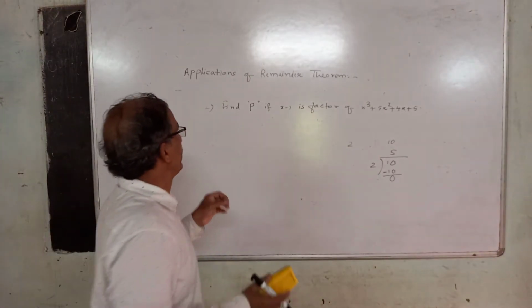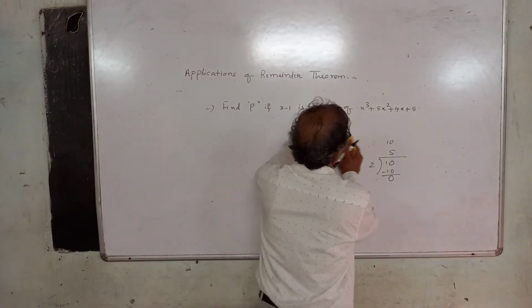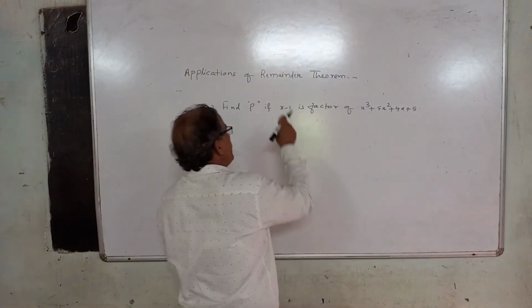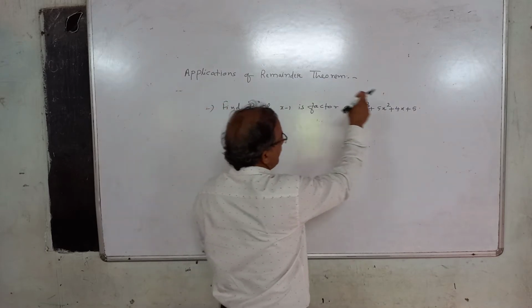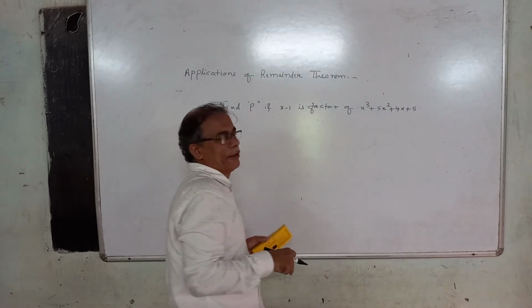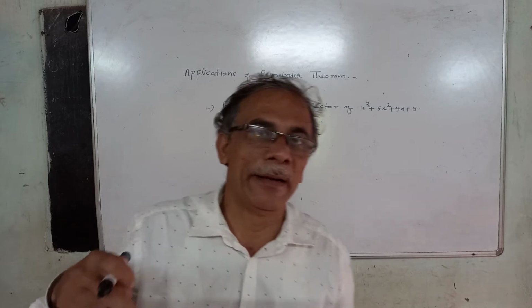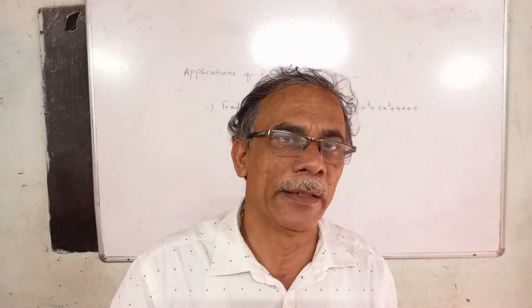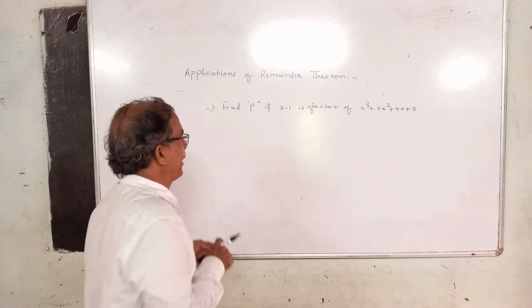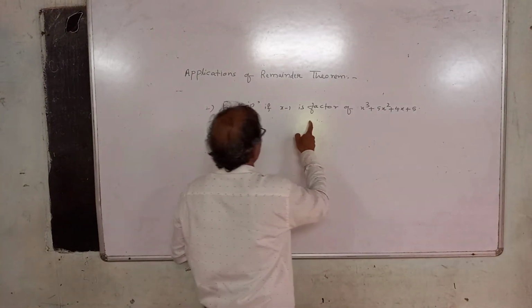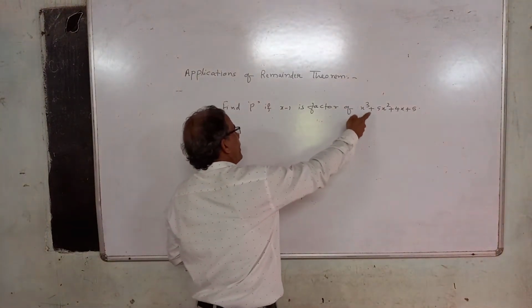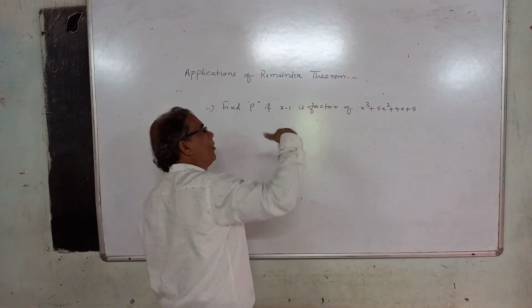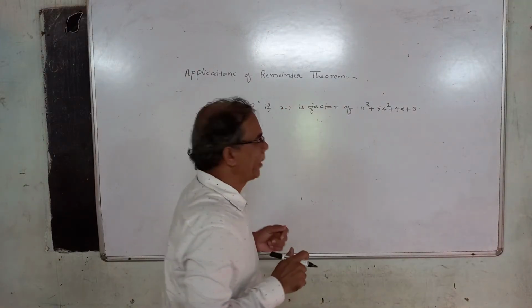So now if x minus 1 is factor of this, it means that when you divide this polynomial by x minus 1, you should get remainder 0, because when remainder is 0, we can say one is factor of another, isn't it? So that means we have to find the remainder if this polynomial is divided by x minus 1.